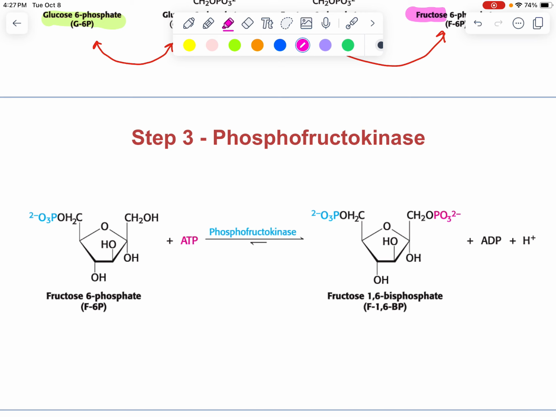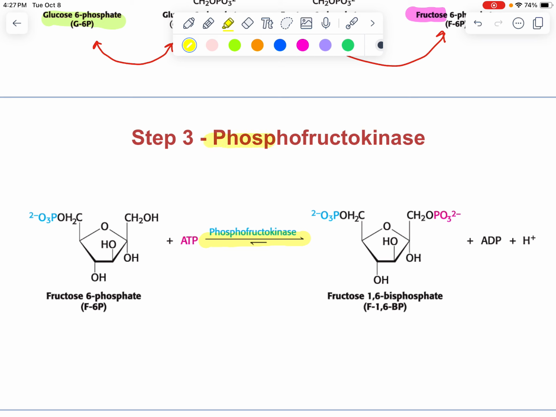So in this step, first thing I want you to look at these arrows. That forward arrow is dramatically longer than the reverse. That is telling us something, that the driving force for this reaction is in that forward direction, okay? And really, we consider this reaction largely irreversible. It's catalyzed by this phosphofructokinase. So lots of words, right?